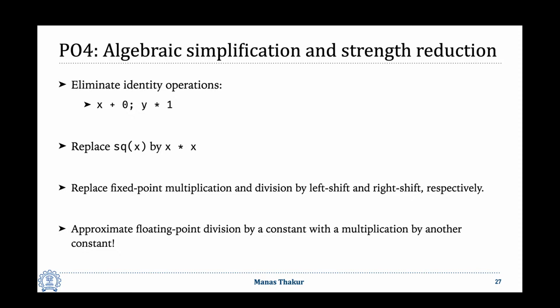Floating point division and multiplication, which one is cheaper? Yes, you have to look at the circuitry. So if you know from that circuitry that multiplication is much cheaper than division in floating point, then let's say you have a division by 2.0.